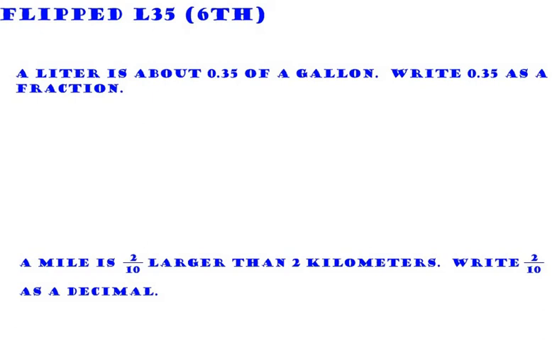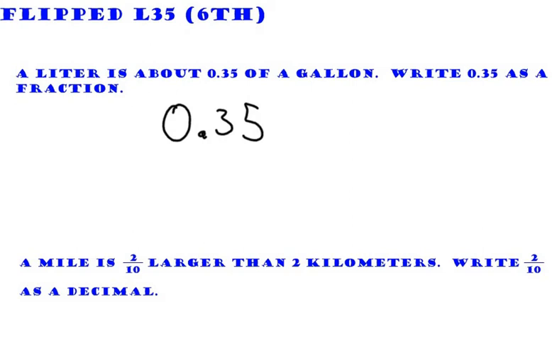decimal places. So for example, it says a liter is about 0.35 of a gallon. Write 0.35 as a fraction. Now very often we take a number like this, 0.35, and it's much easier to say 0.35 when it comes to reading it out loud, because we understand exactly where the decimal is, and it makes a lot of sense in our minds.